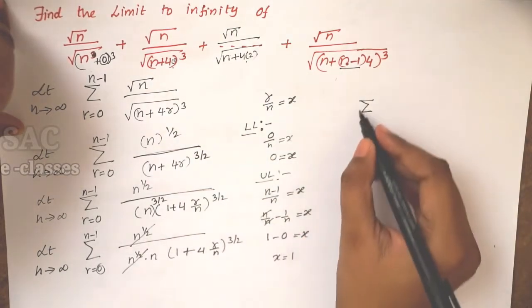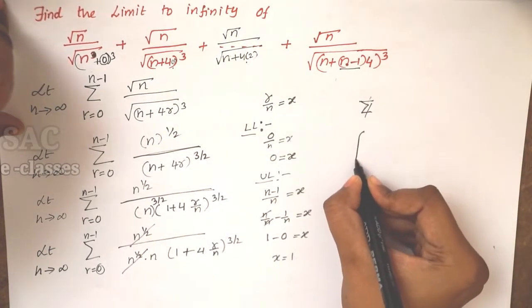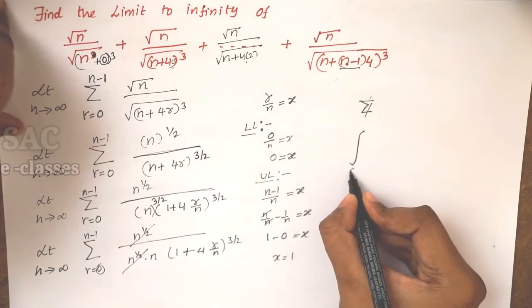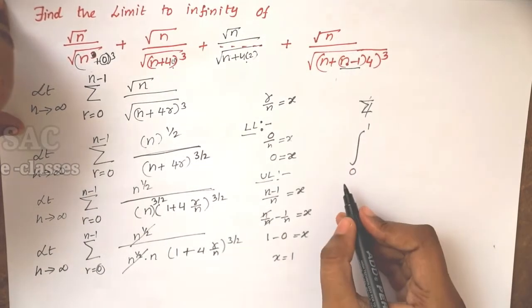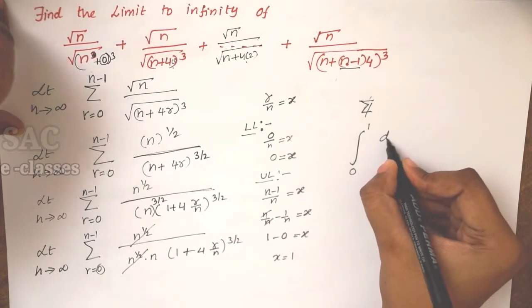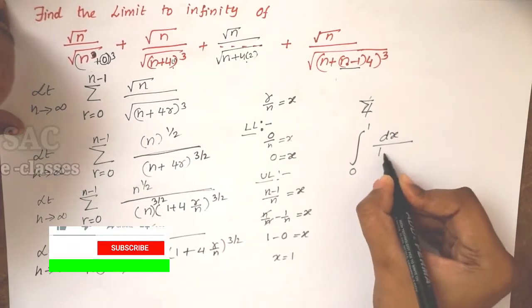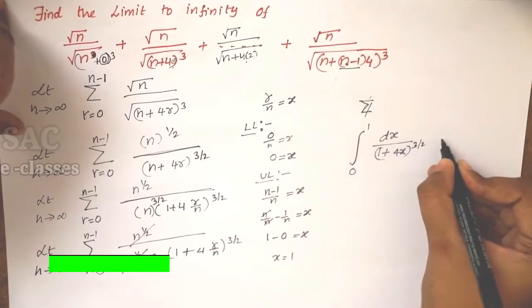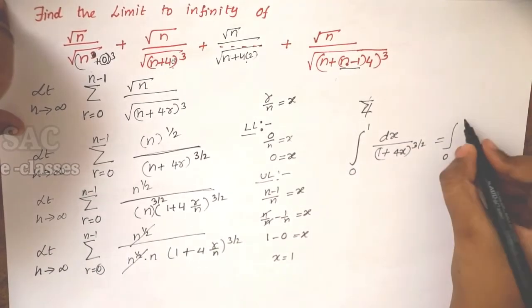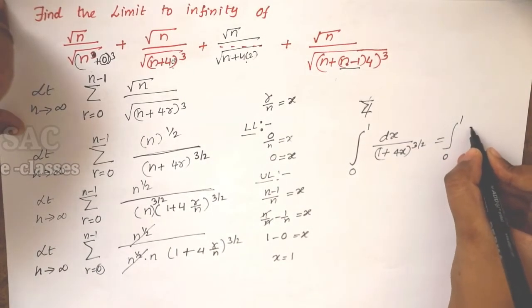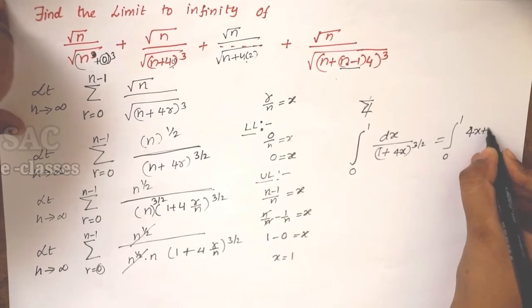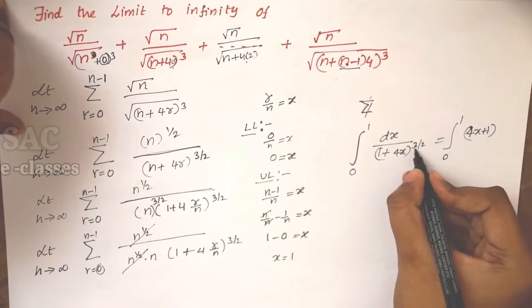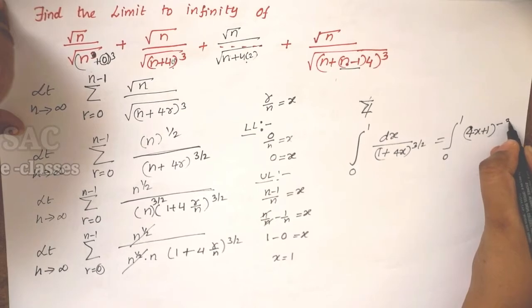Now the entire limit I am converting to an integration from 0 to 1 of dx by (1 plus 4x) whole power 3 by 2. Let me convert this: 0 to 1, (4x plus 1) whole power, and since it is in the denominator, I convert it to a negative power.